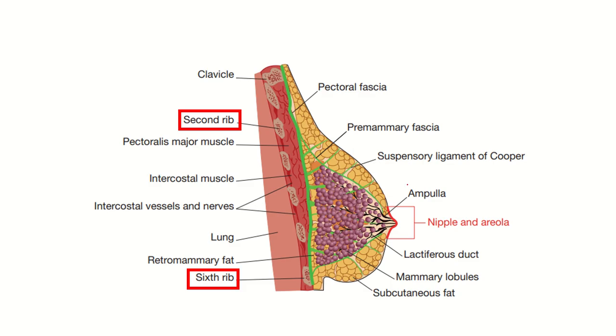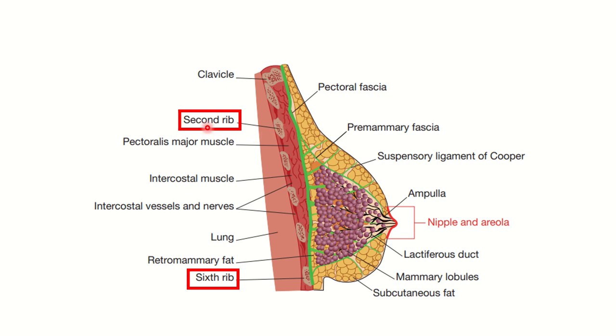Here we can see the breast and the different parts of the breast. First of all, this is the nipple and areola, and together it's called the nipple areolar complex. The breast overlies a fascia, which is the pectoral fascia, and just below the pectoral fascia there is the pectoralis major muscle and also the pectoralis minor muscle.